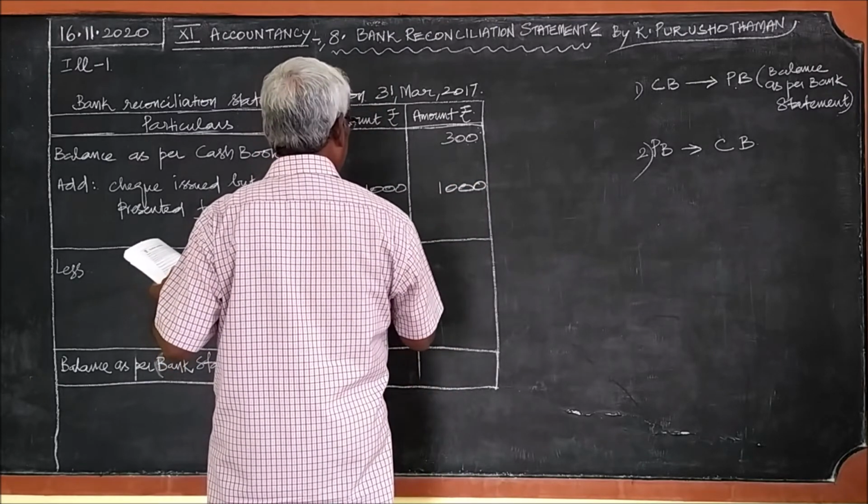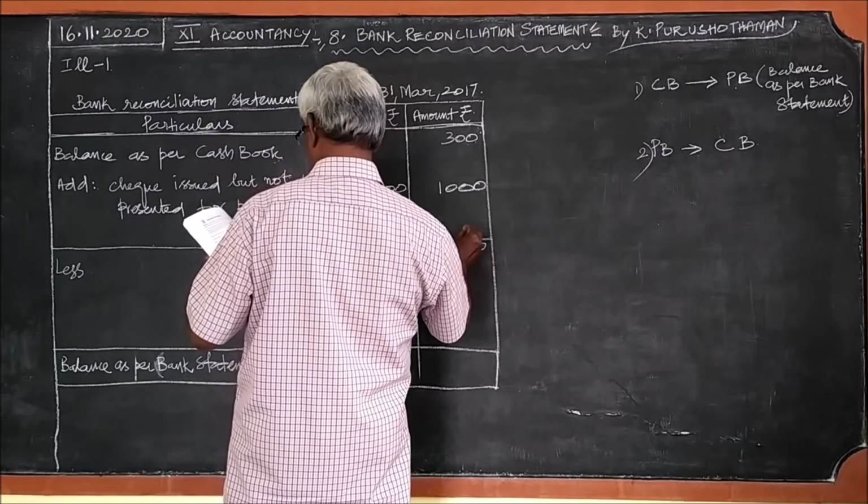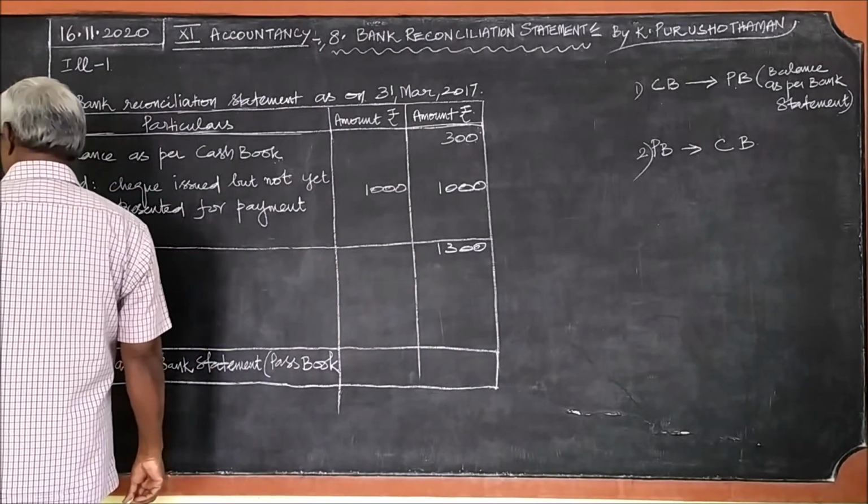Therefore, here the total will be 1300. Less, what are the points?